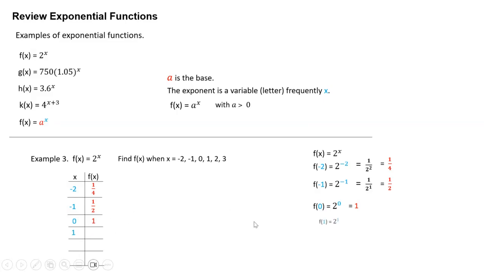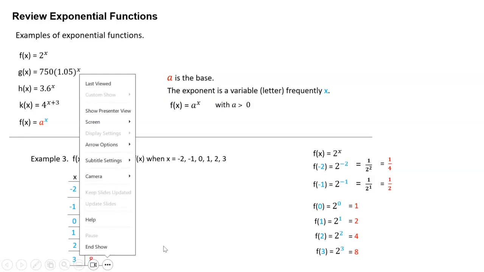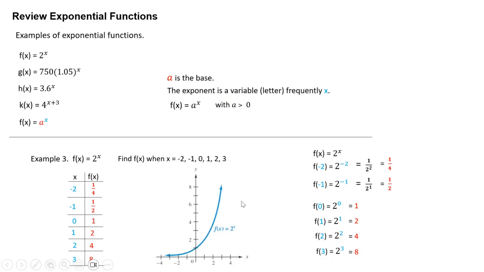Now when x is 1, my y is going to be 2. And when x is 2, my y is 4, because 2 squared equals 4. And finally, when x is 3, my y will be 8, because 2 cubed is 8. 2 times 2 times 2 is 8. And here's my graph.